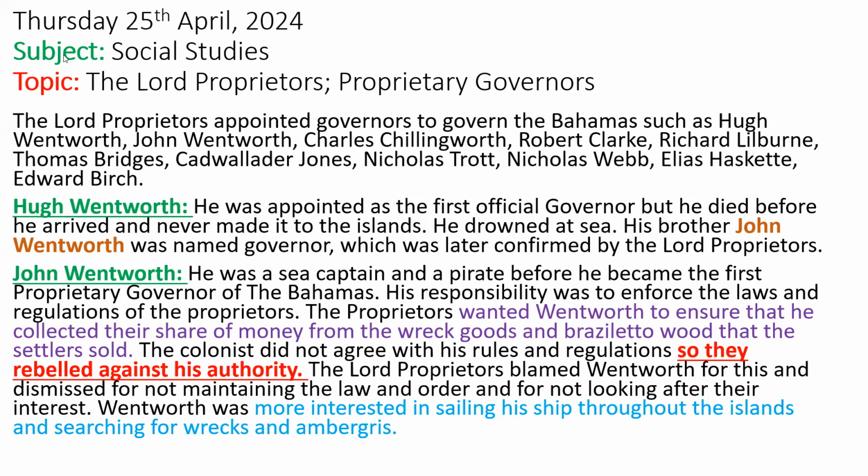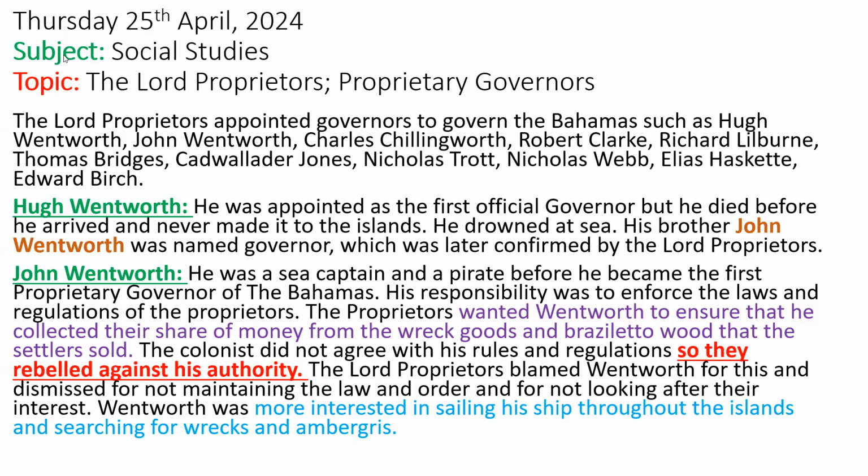John Wentworth. He was a sea captain and a pirate before he became the first proprietary governor of the Bahamas. His responsibility was to enforce the laws and the regulations of the proprietors. The proprietors wanted Wentworth to ensure that he collected their share of money from the wrecked goods and Brazilletto wood that the settlers sold.